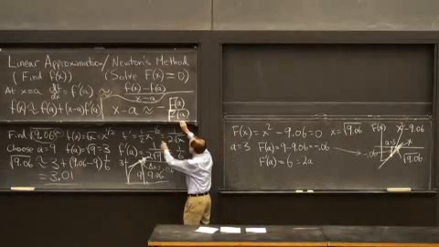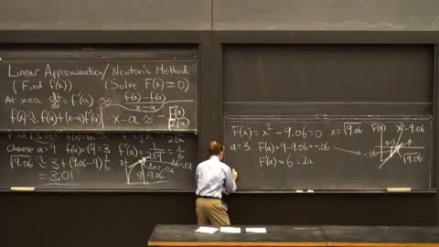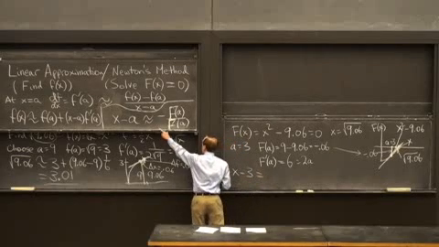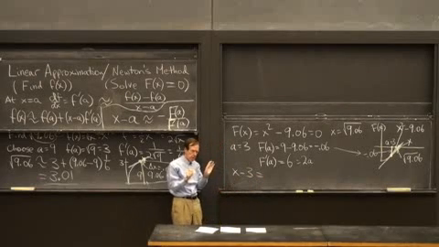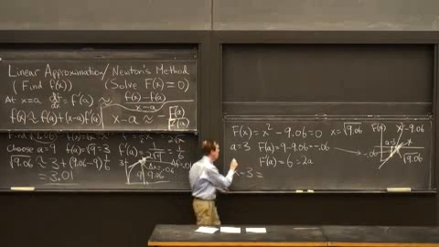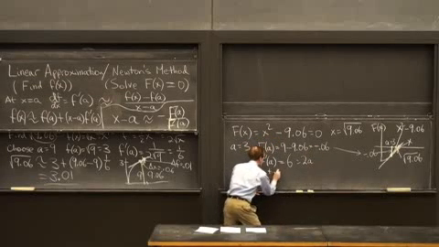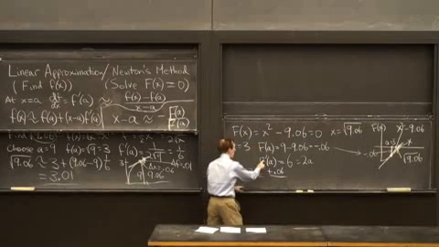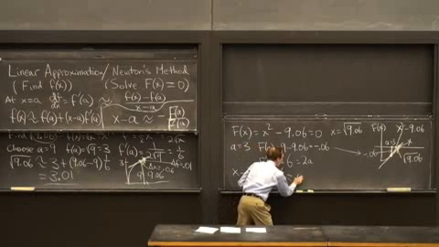Newton's formula says x equals a, which is 3, minus f of a. So what's minus f of a? That'll be plus 0.06 divided by f prime of a, the slope, which was 6. What do I get? I get 0.01.